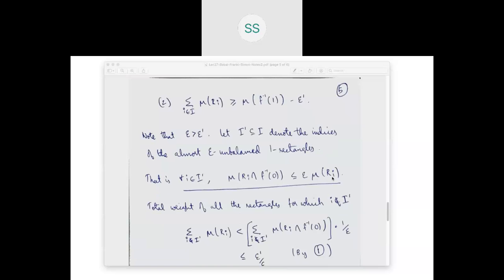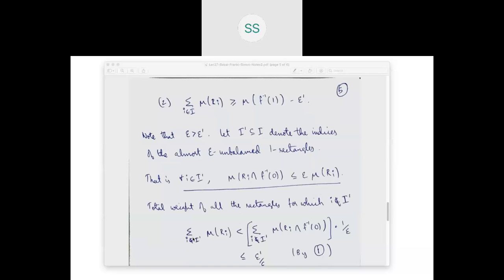If i is not in I prime, we know that epsilon mu of Ri is going to be strictly less than mu of Ri intersection F inverse 0. So mu of Ri is going to be less than mu of Ri intersection F inverse 0 times 1 by epsilon. Basically, this epsilon goes here and the inequality gets reversed because it is not a member of I prime.